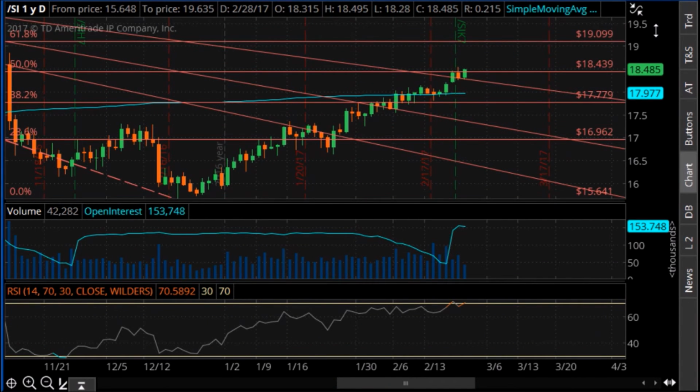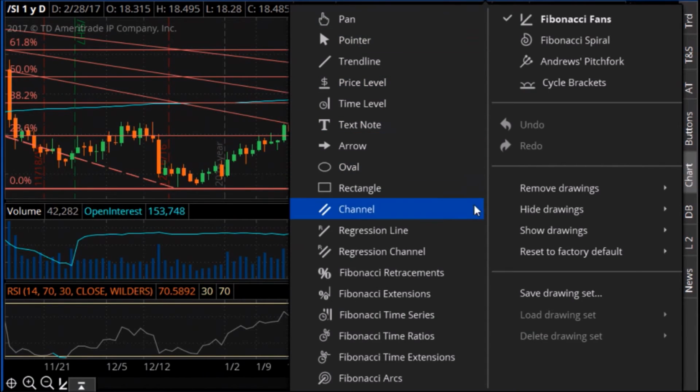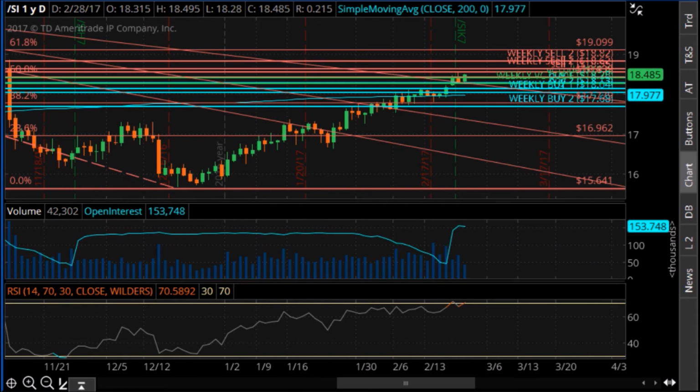Now, one of the things that we do is we use our algorithms to identify where we are in relation to time and price, and specifically where we are at these levels.